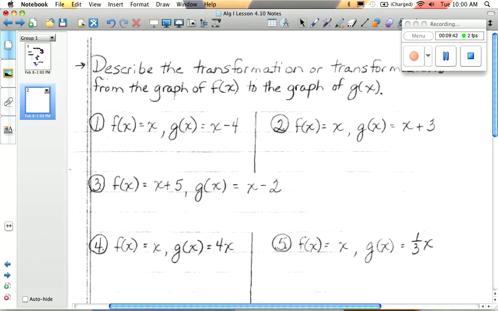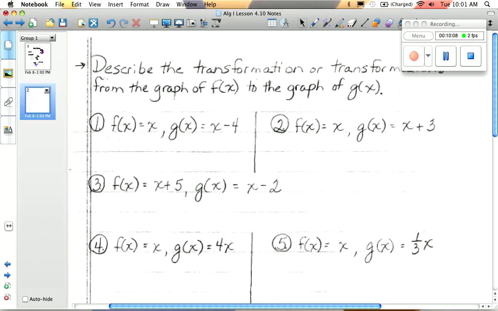Function notation. f(x) was the original line, the original equation. g(x) is the transformation of f(x). We can't call it f(x) also, because then we'll think that we have two different lines that are starting out. So g(x) becomes the transformation. It's just a new equation that came from f(x), so we use a different letter.